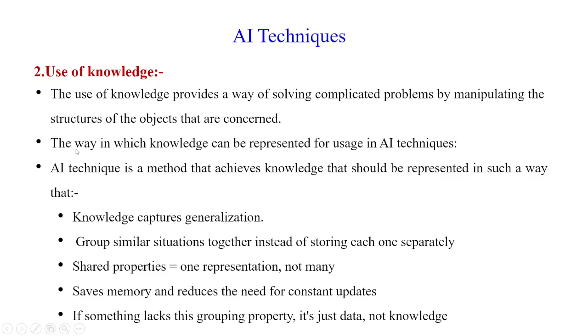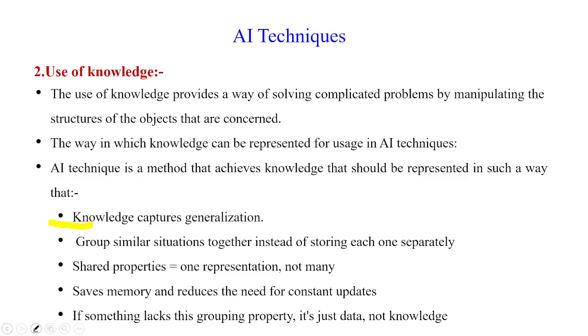When I talk about knowledge representation, the first point is that knowledge captures generalization. What it tries to do is group similar situations together instead of storing each one separately.